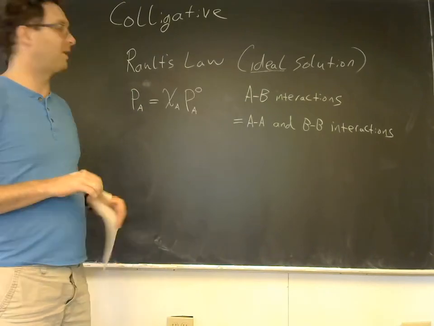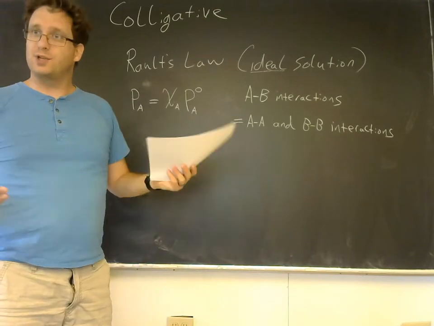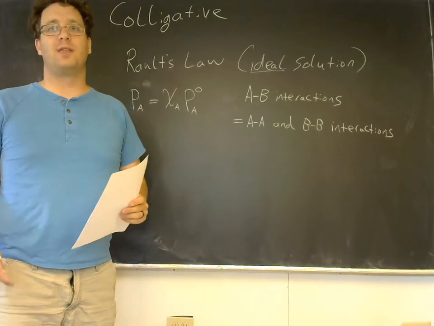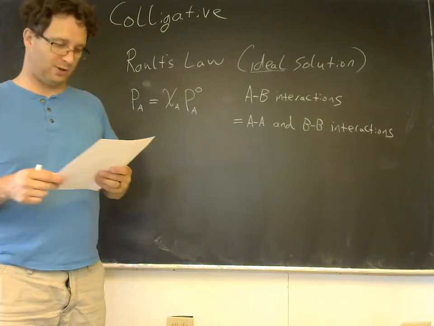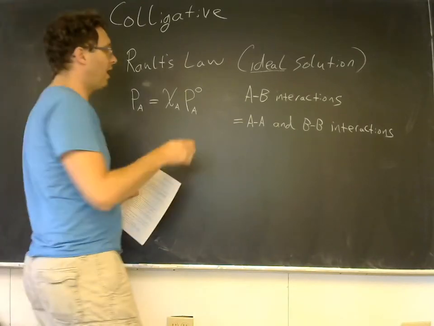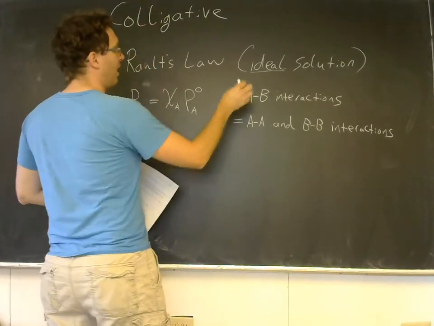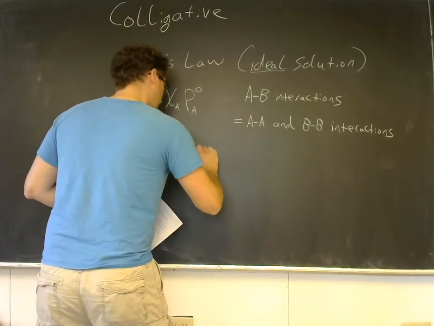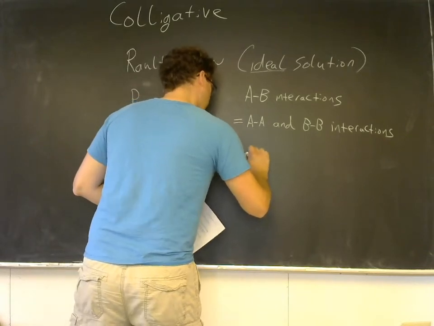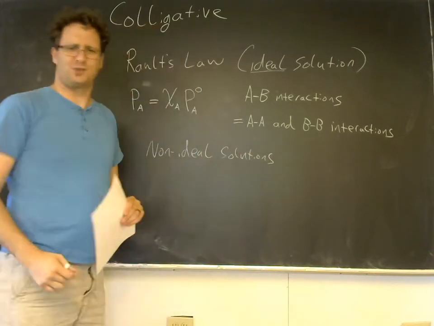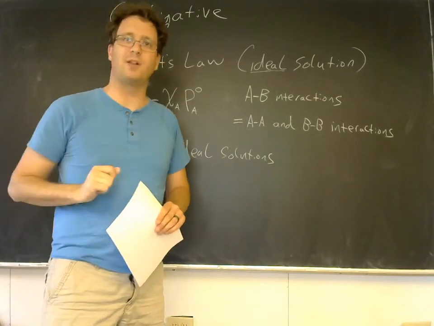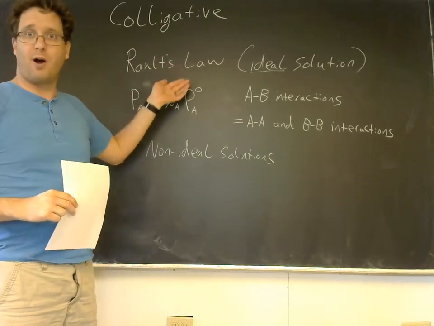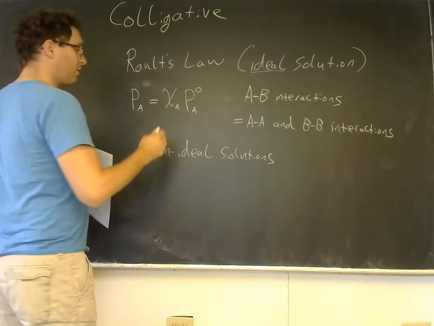So a bit of a consequence of this is that the solutions which most closely follow Raoult's law tend to also be those solutions that have a high solubility for its solute. If you have, we'll say, non-ideal solutions, and every solution is non-ideal to some small extent, but when you have solutions that are particularly far from Raoult's law, well, they'll come in two varieties.